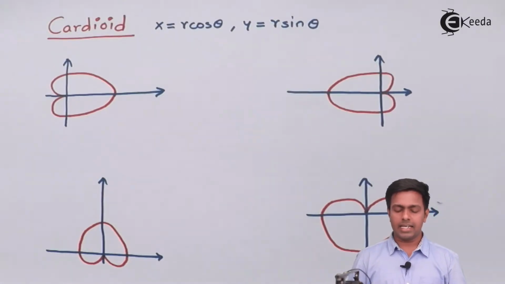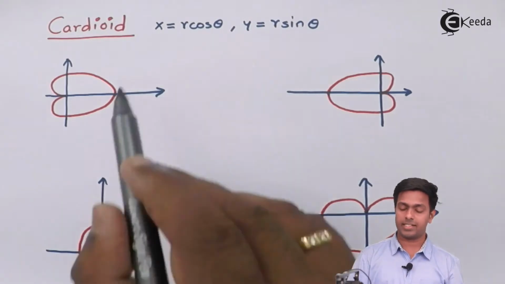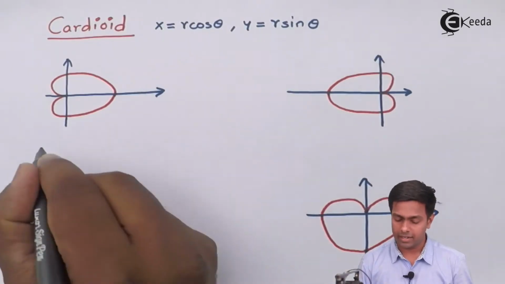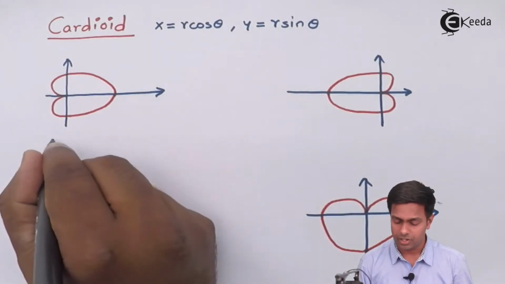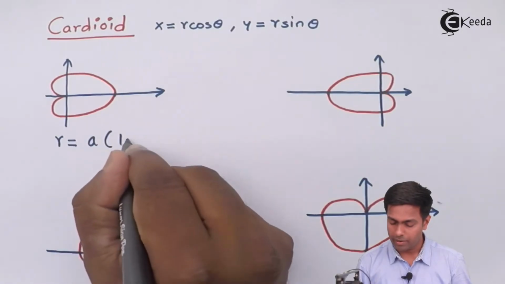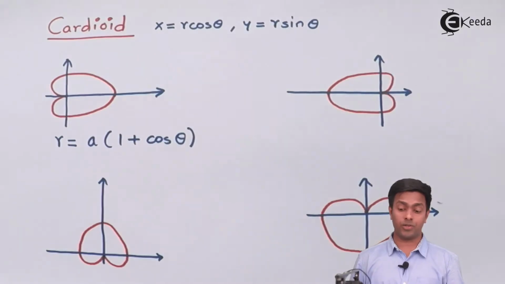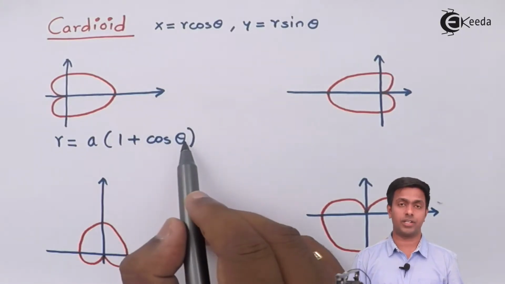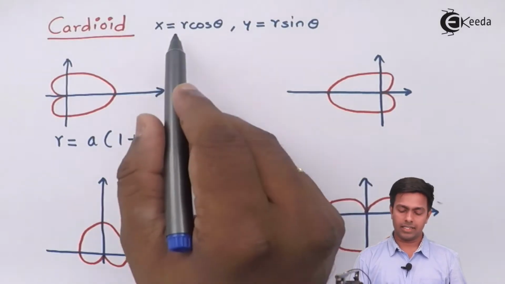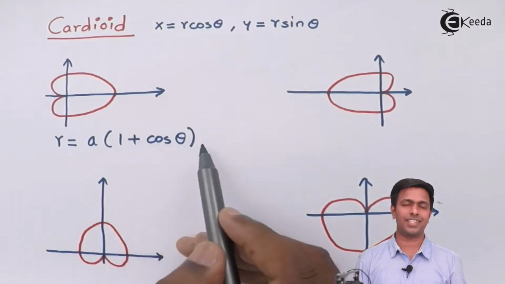This curve is opening in the positive direction of the x-axis, and x is cos theta, so this curve will have the equation r equals a into 1 plus cos theta. I've written positive cos theta because it is on the x-axis, where x is cos theta, and it is on the positive side, so it is plus cos theta.